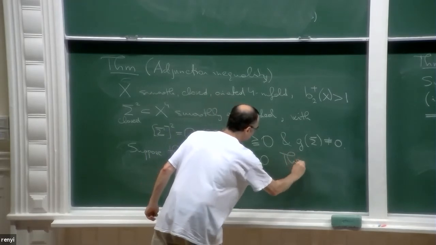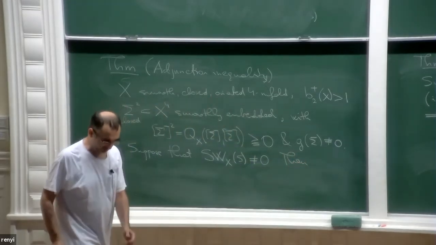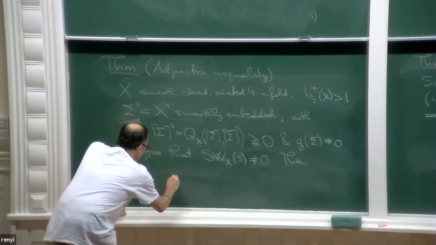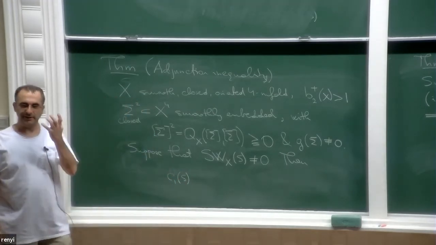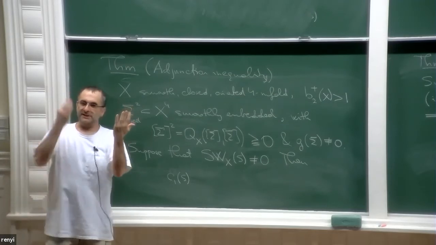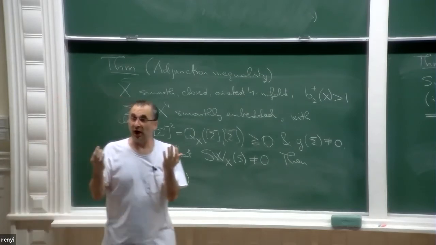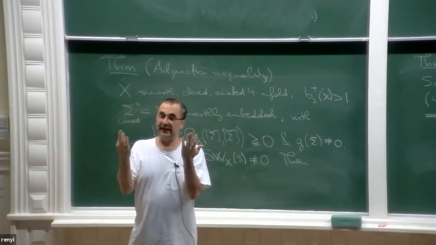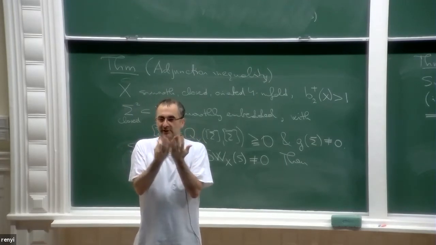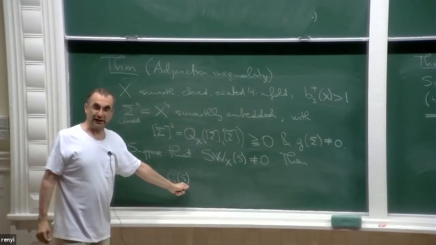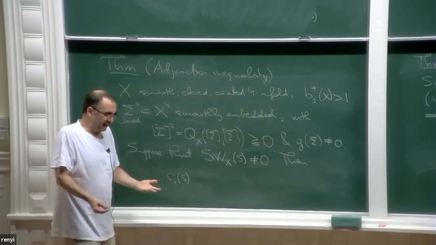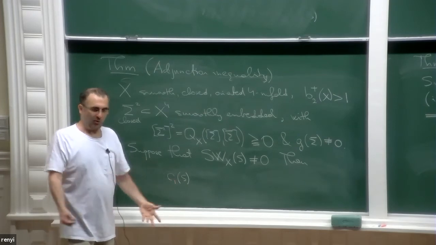Then, and now comes the inequality, it just says that if we take the first Chern class of this spin C structure, so remember, there was this W plus and W minus two U2 bundles, and they had isomorphic determinant bundles. That's the line bundle for which we take the first Chern class. So this is a very simple second cohomology class.